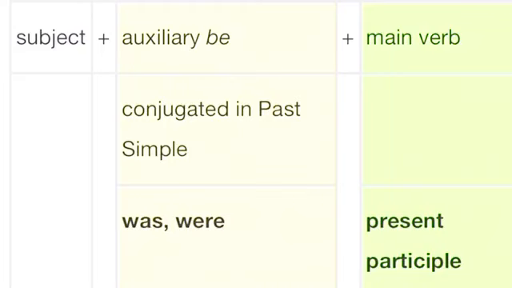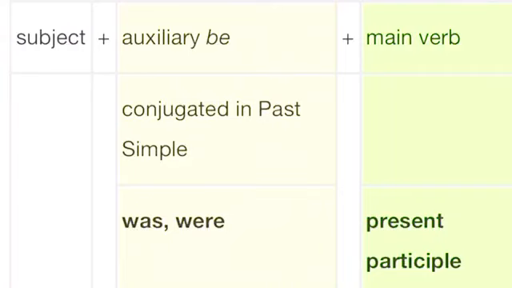Now already I have explained to you earlier that was or were will be used according to the identity of your subject. Got it? Now the main verb will be in present participle form along with ing. Got it?